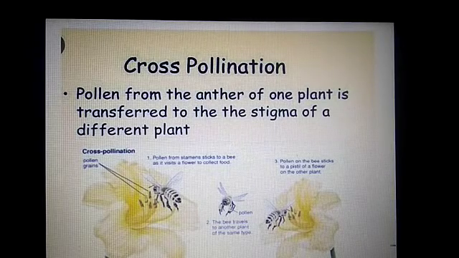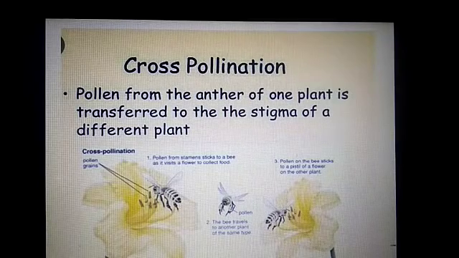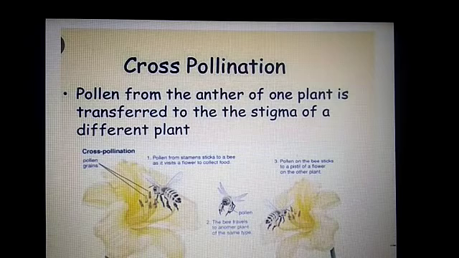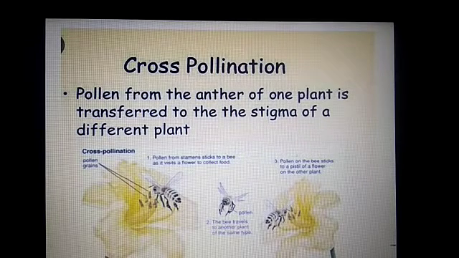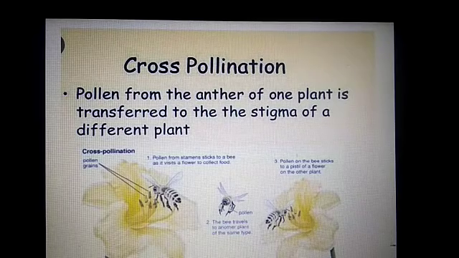When insects help in pollination, the transfer of pollen grains is called insect pollination, because insects are helping the pollination. For example, butterflies, bees and other insects.